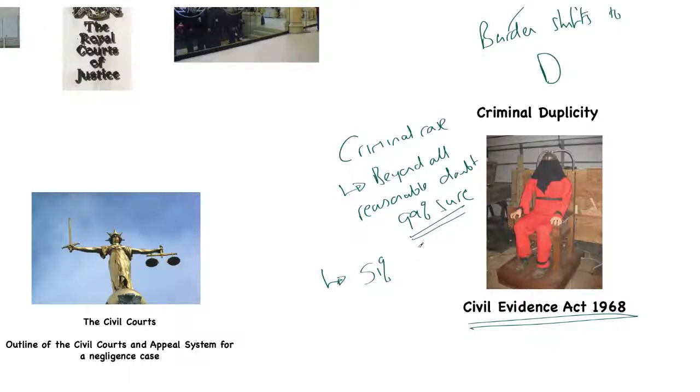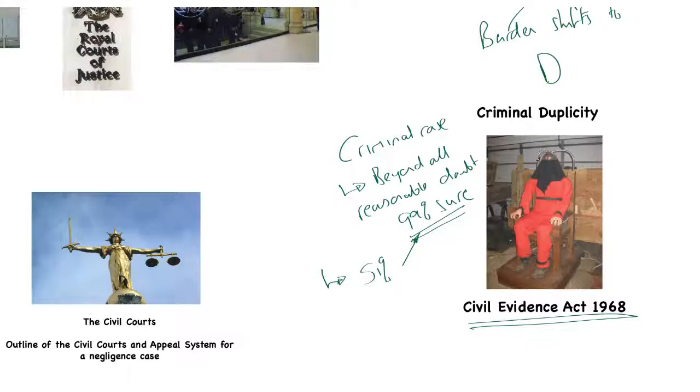If that's the case, then the claimant doesn't need to prove that the defendant caused the damage to their car at a standard of 51% on the balance of probabilities, because a criminal court has already proved it to a much higher standard. In this case, the defendant will have to prove that he was not negligent. And that's going to be very difficult because a criminal court has already said that they are liable for the offence of dangerous driving. So it's going to be very difficult for the defendant to demonstrate that.